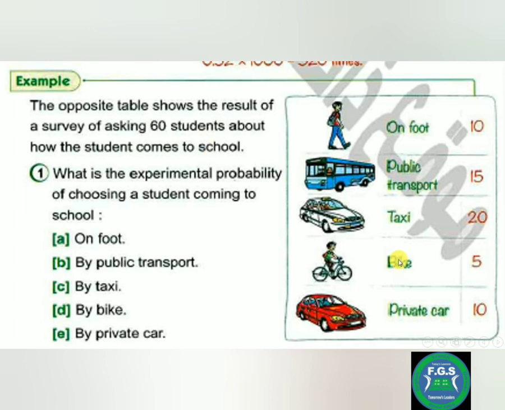These are the results of the survey. Students who come to school on foot were 10 pupils, by public transport 15, by bus 20, by bike 5, by private car 10.